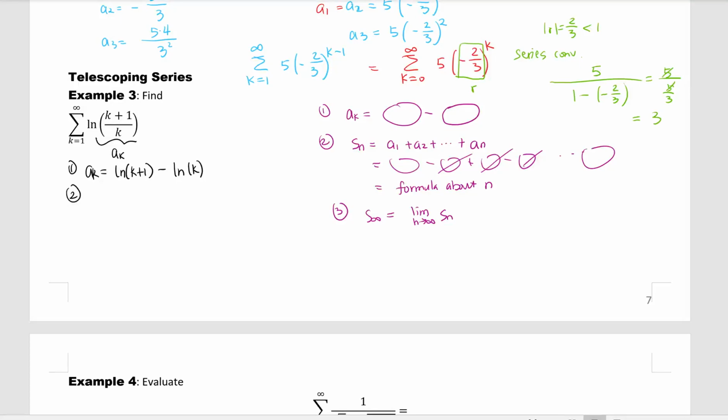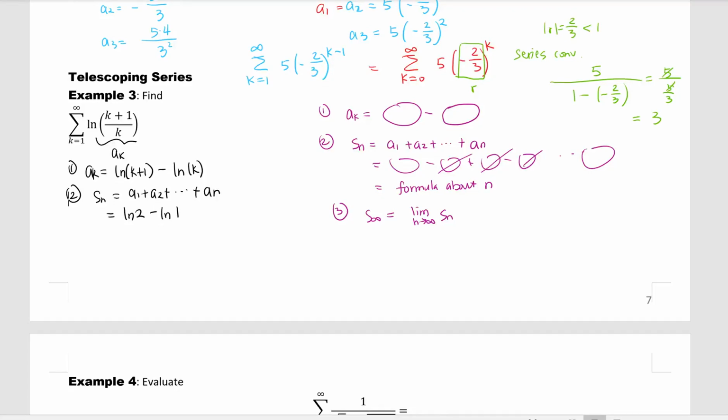The second step is we compute Sn. Sn is A1 plus A2 plus up to A sub n. What's A1? We plug in k equals 1, so we get ln of 2 minus ln of 1.